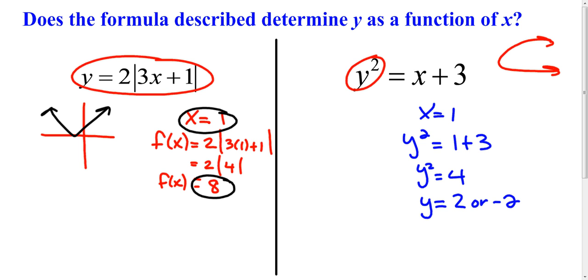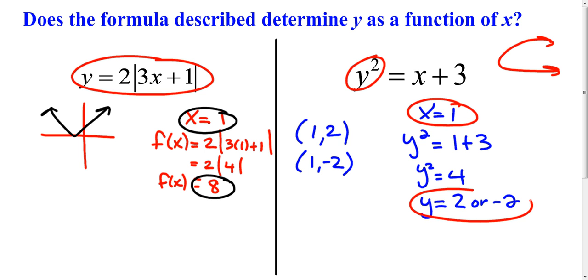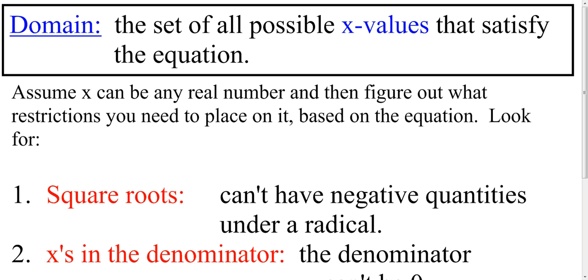That satisfies that equation. So when x is 1, y could be 2, or when x is 1, y could be -2. And hopefully you can see that you have one input for your x, but you have two outputs for your y. And you can't have that. One input cannot generate more than one output. So it is not a function.